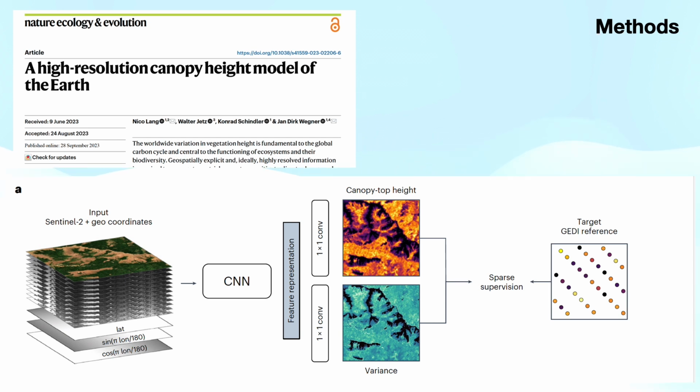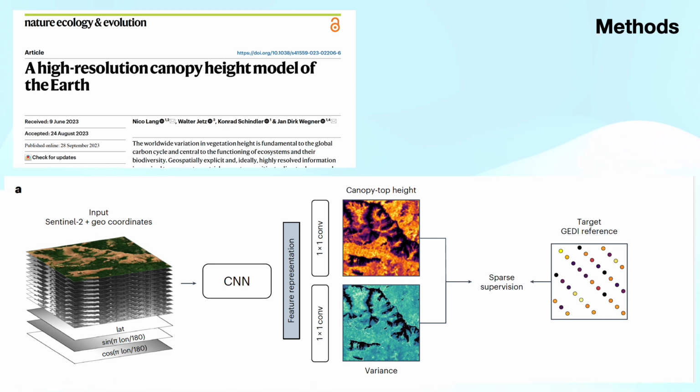What Lang et al. do is they collect data from GEDI, which is a LiDAR mission, and then they merge it with another satellite data from Sentinel-2. And then by running a convolutional neural network, CNN here, they're able to produce a canopy height model across the globe and also its variance.